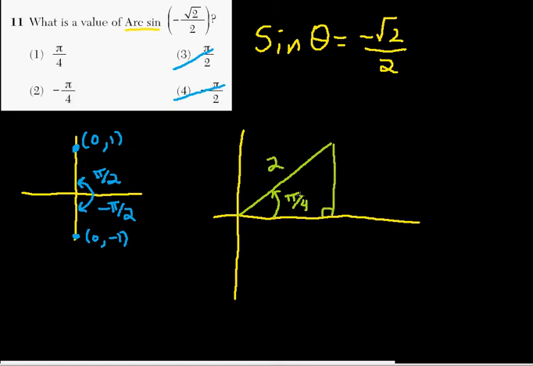Well, pi over 4 is 45 degrees, so that means this side has to be square root of 2, and this side has to be square root of 2, because square root of 2 squared plus square root of 2 squared equals 2. Well, the sine of pi over 4 is going to be y over r, and that's positive square root 2 over 2.